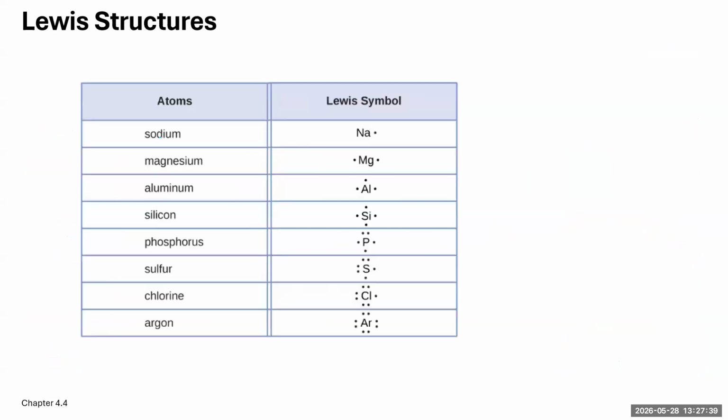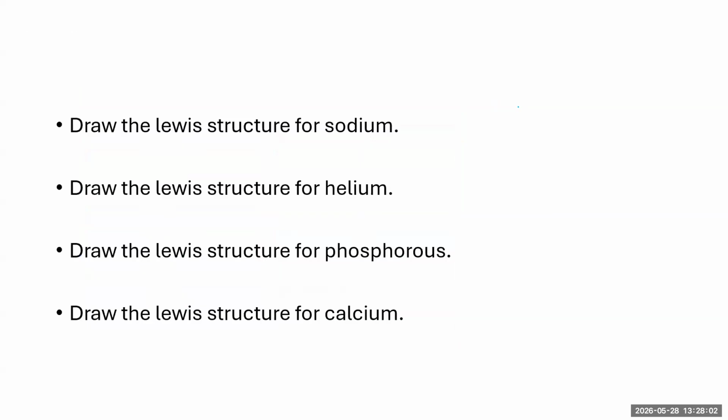All right, just a couple more, right? Sodium, one, magnesium, two, aluminum, three, silicon, four, phosphorus, sulfur, chlorine, and argon, right? Again, the symbol and then the dots represent valence electrons only.